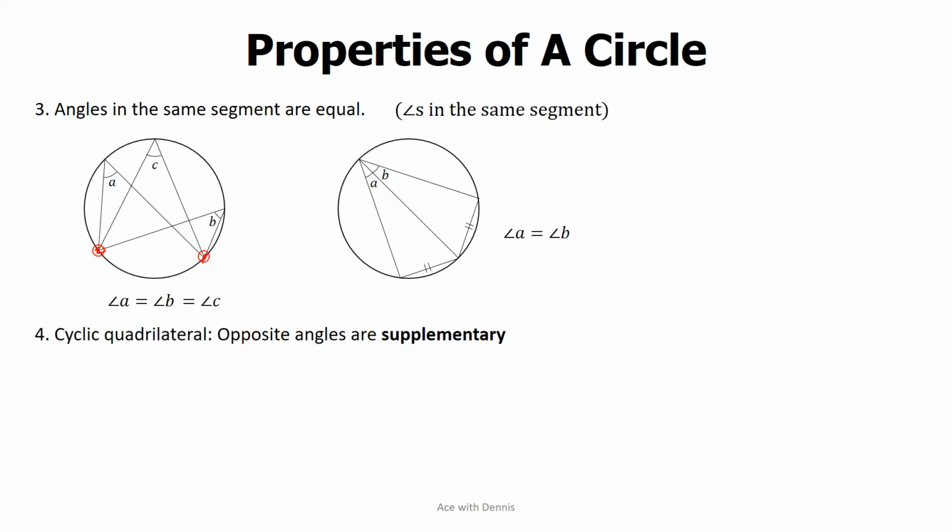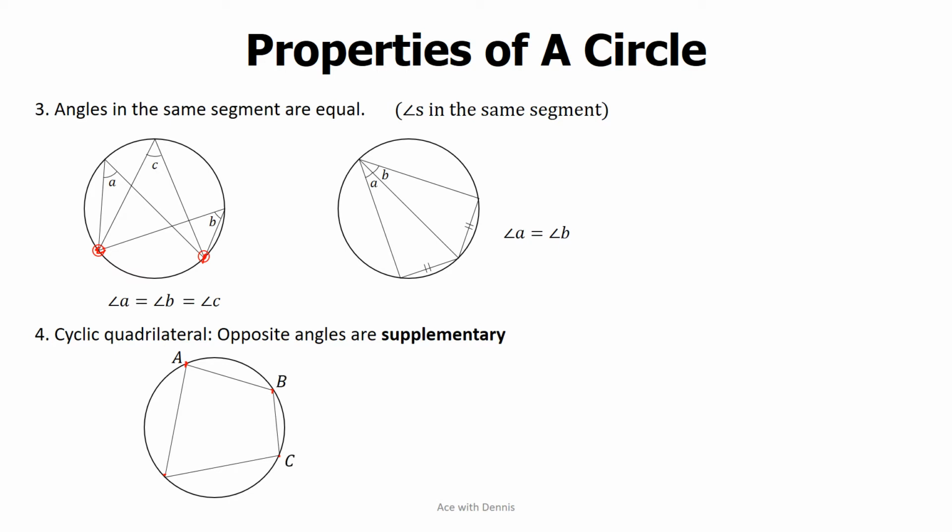The fourth property of a circle that you need to know is cyclic quadrilateral. If it is a cyclic quadrilateral, then the opposite angles are supplementary. This is how it looks like. This is a circle and there is a cyclic quadrilateral, which means that all the vertices of the quadrilateral touch the circumference of the circle.